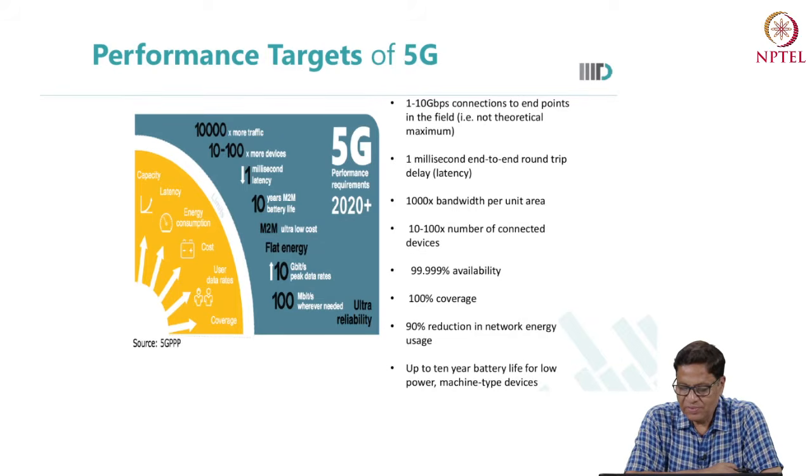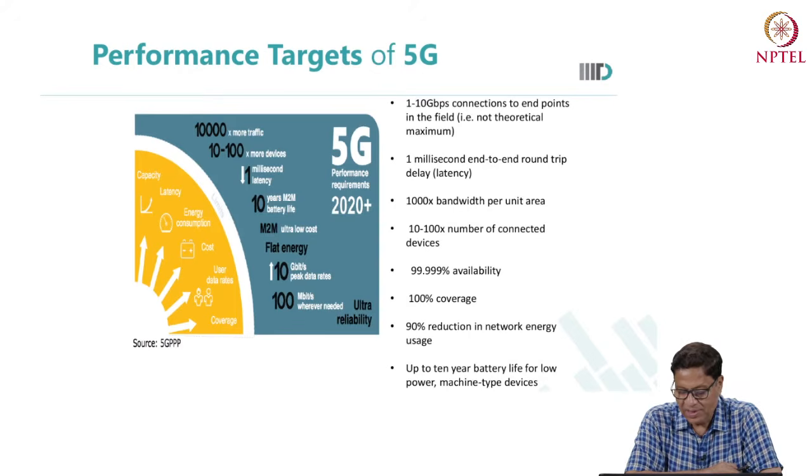The 5G target for speed is that you should be able to get 1 to 10 gigabits connection to endpoints in the field, and not theoretical maximum. As far as latency is concerned, it is of the order of 1 millisecond end-to-end round trip latency, and 1000x bandwidth per unit area as compared to existing 4G systems.